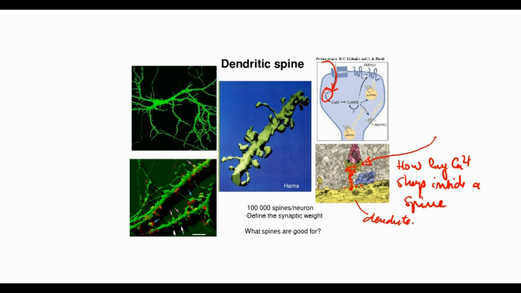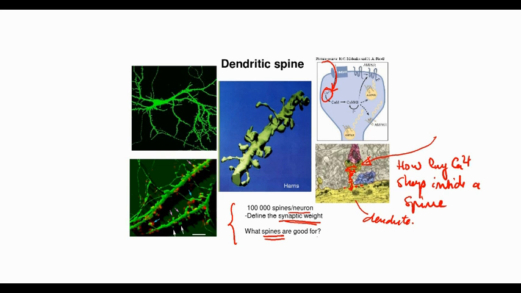And of course, why this is important: we can have up to hundreds of thousands of spines per neuron, and they are involved in defining what is called the synaptic weight. And today there's still a debate about what the dendritic spines are good for.